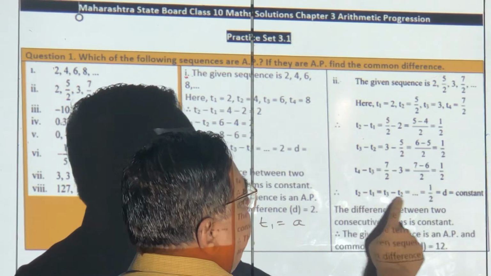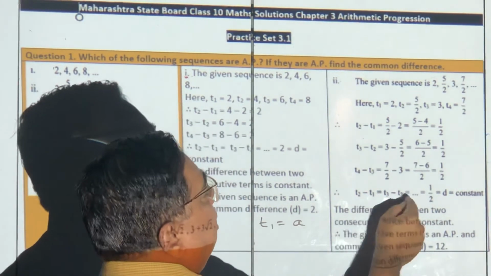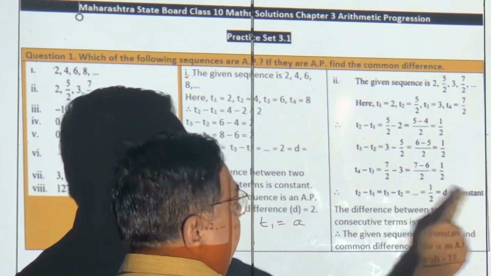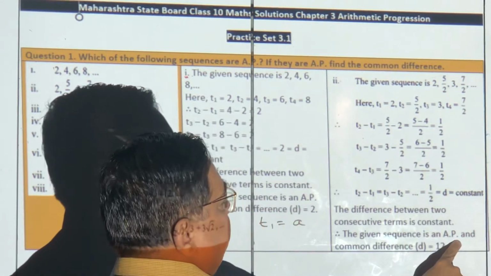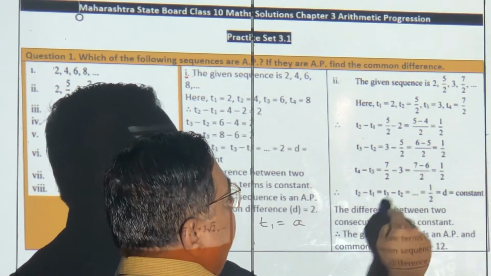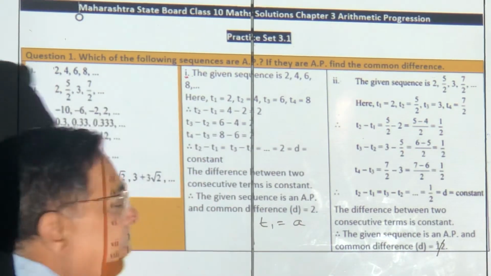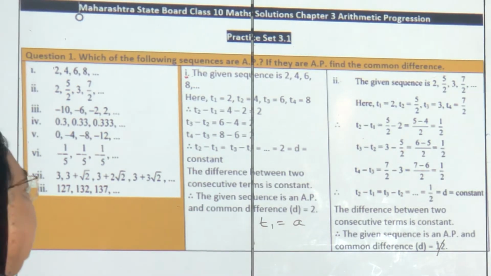So the difference of the first two is equal to the difference of the third and second. That is half. That is D. It is constant. When the difference is the same, it is an arithmetic progression, and the common difference is half. This is how we will write the answer in the exam.